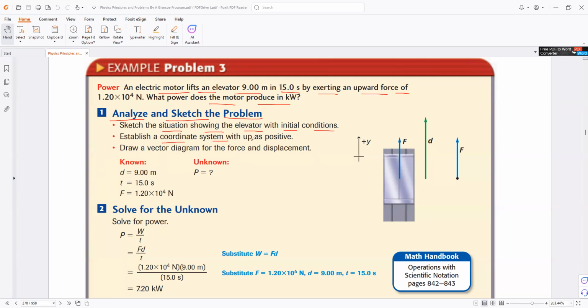Establish a coordinate system with up as positive. Draw a vector diagram for the force and displacement. So known things: displacement 9 meters, time 15 seconds, force 1.20 × 10^4 newtons, and the unknown thing is power. Solve for the unknown.